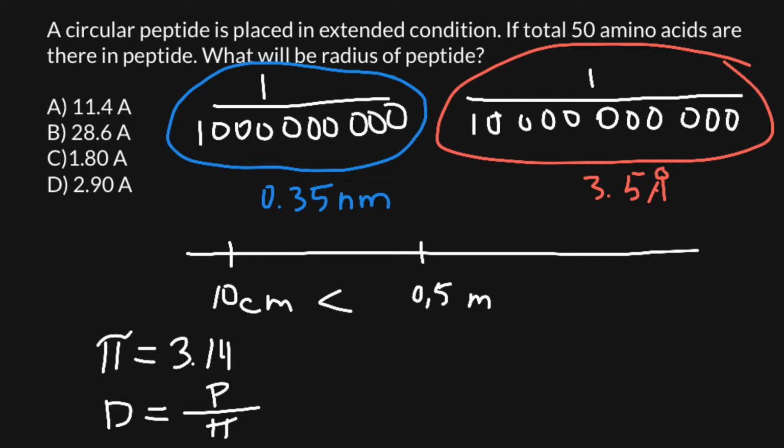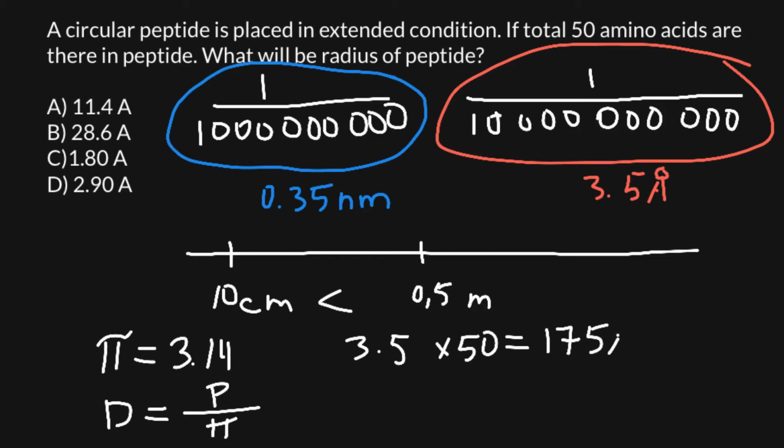So let's return to our problem. According to our problem, we know that the amino acid chain or polypeptide consists of 50 amino acids. So we have to multiply 3.5 angstroms by 50.